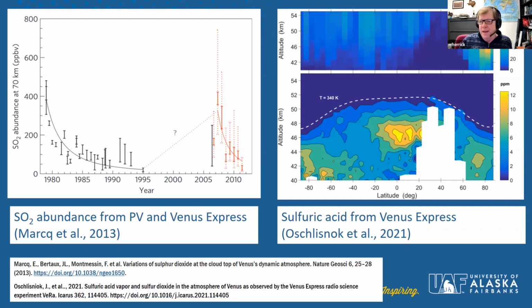And I think an exciting part of this is that potentially with the upcoming missions, we will be able to use spectroscopy and occultations to see an active eruption and then study its effect on the Venusian atmosphere. So, all right, next slide, please.